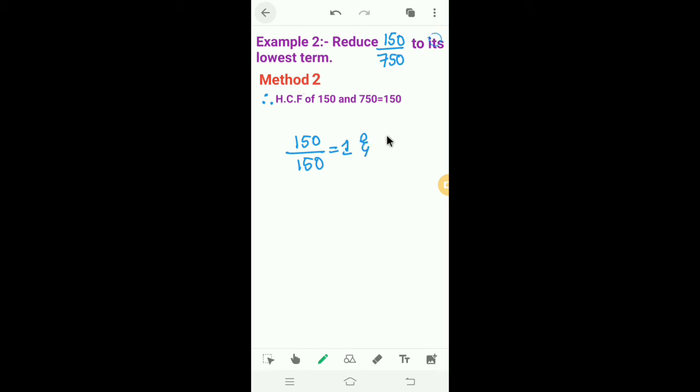And 750 by 150, when we divide 750 by 150, then the answer is 5. Therefore, 150 by 750 is equal to 1 by 5. Here 1 by 5 is the lowest term of 150 by 750.